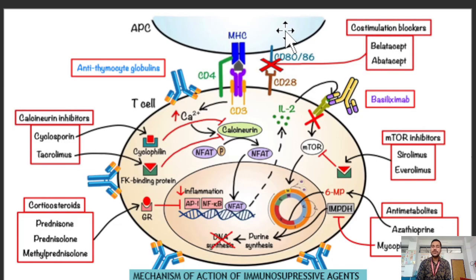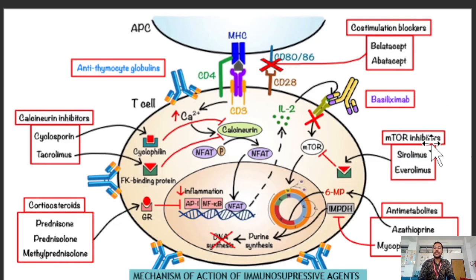It is very hard to comment on which part is not transducted properly, but we just know from our research that when CD80/86 and CD28 do not bind nicely, then the signal transduction through this MHC, major histocompatibility complex, does not occur properly.